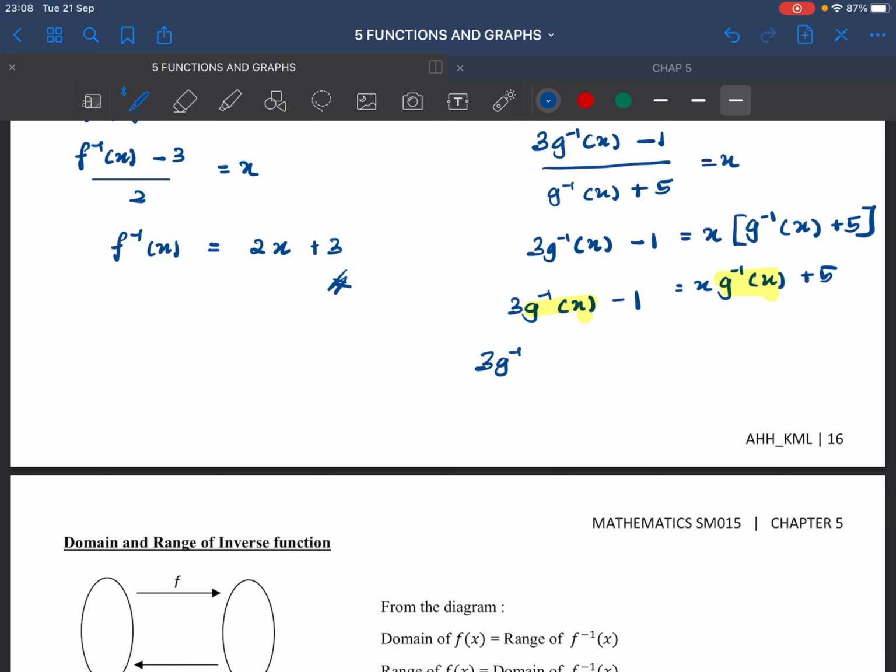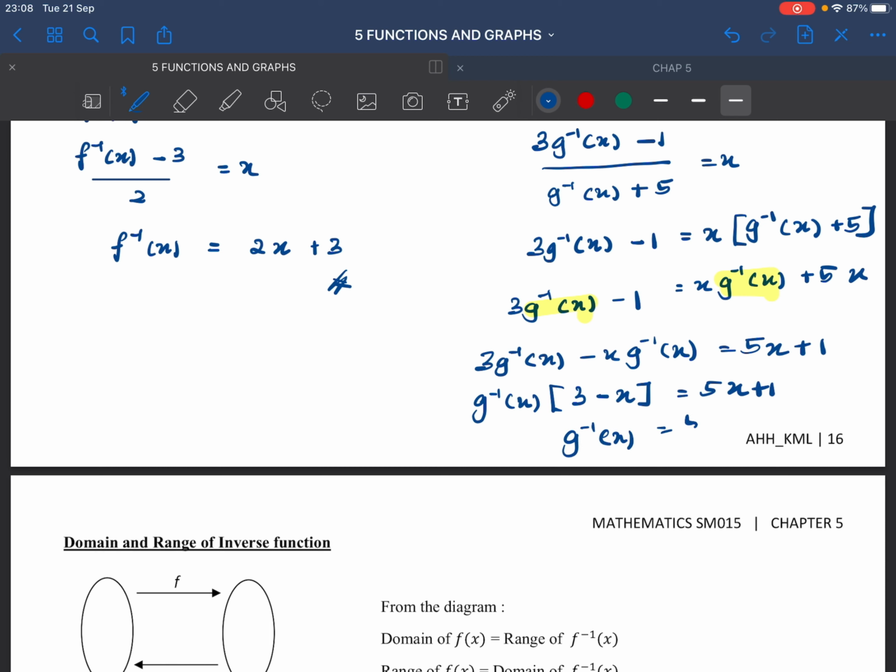3 g inverse x minus x g inverse x equals to 5x plus 1, sini x tinggal 5x plus 1. So here we factorize g inverse x, which is we are going to get (3 minus x) equals to 5x plus 1, and lastly we are going to get our g inverse x equals to (5x plus 1) over (3 minus x) with domain x is not equals to 3.